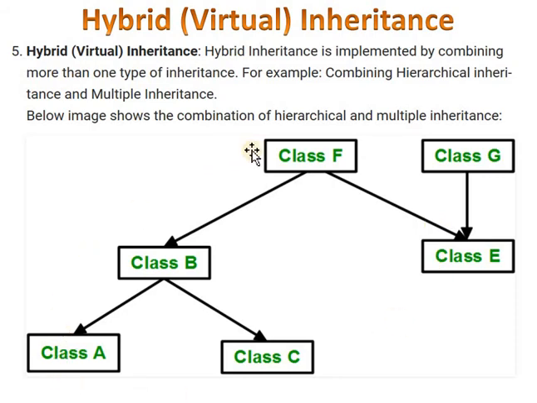So, in this figure, it contains two types of inheritance. And when more than one type of inheritance occurs, then that type of inheritance we call hybrid inheritance or virtual inheritance.